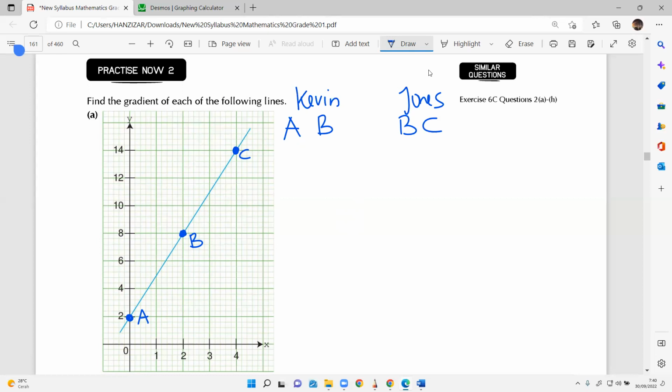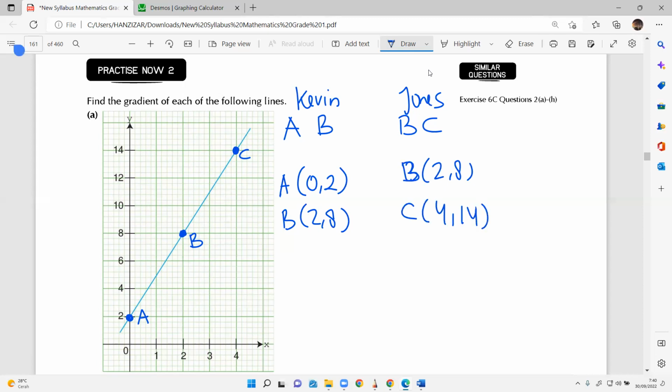Okay, let's see. What is point A? 0,2. Look at the number. The one is located here. You just put the number. Okay, how about B? 2,8. And C is 4,14.